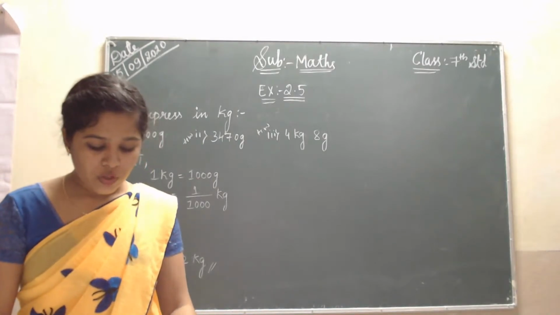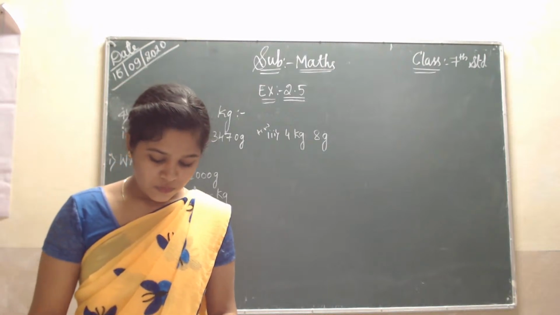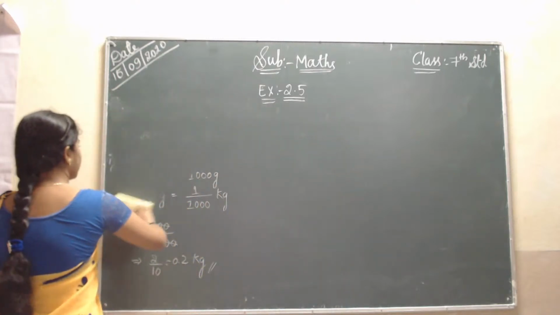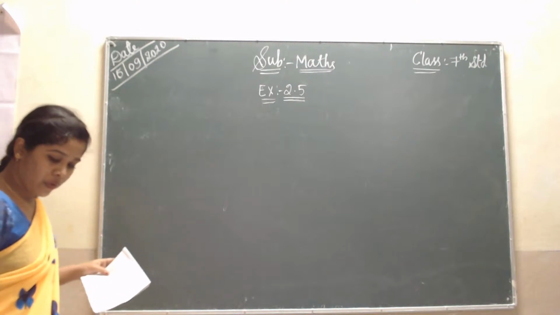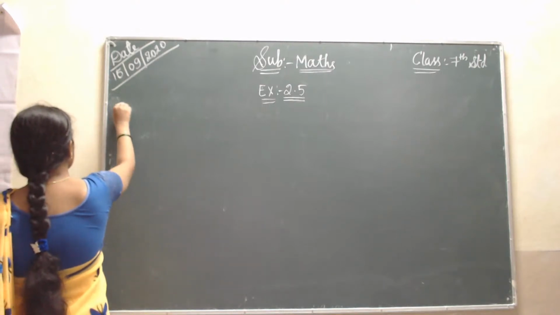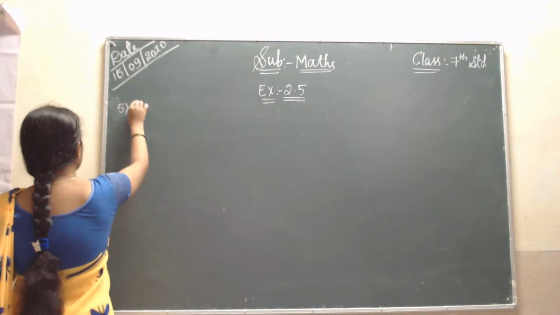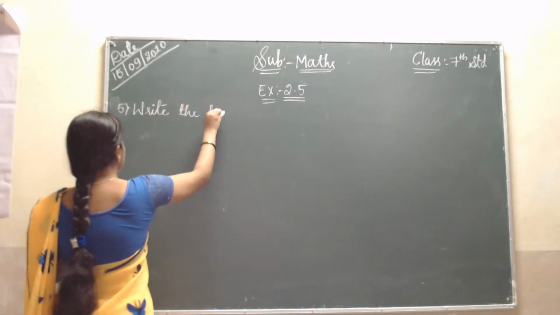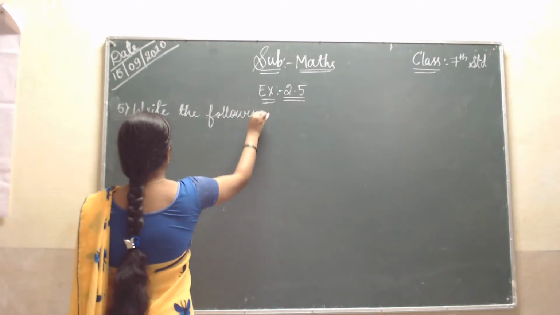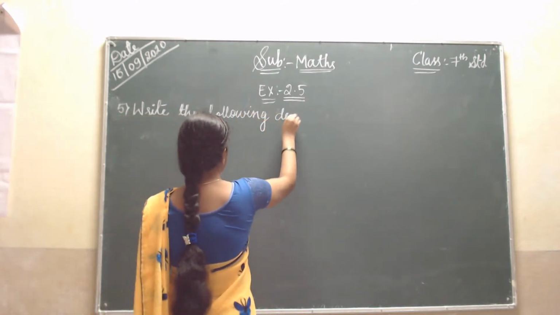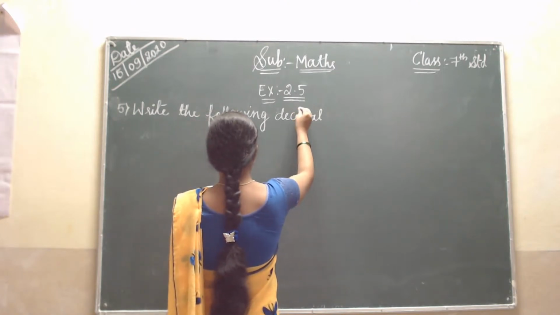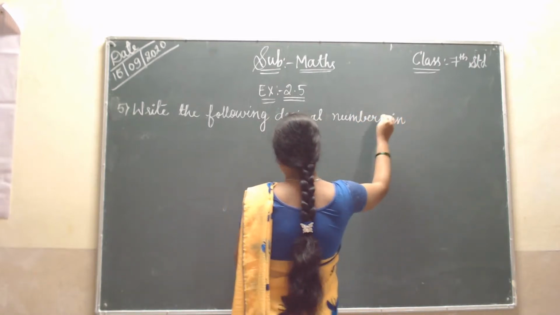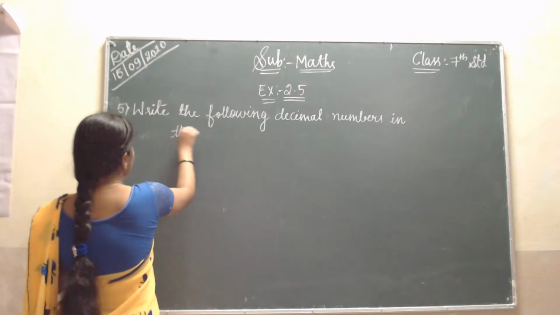Next, move to the fifth question. Write the following decimal numbers in the expanded form.